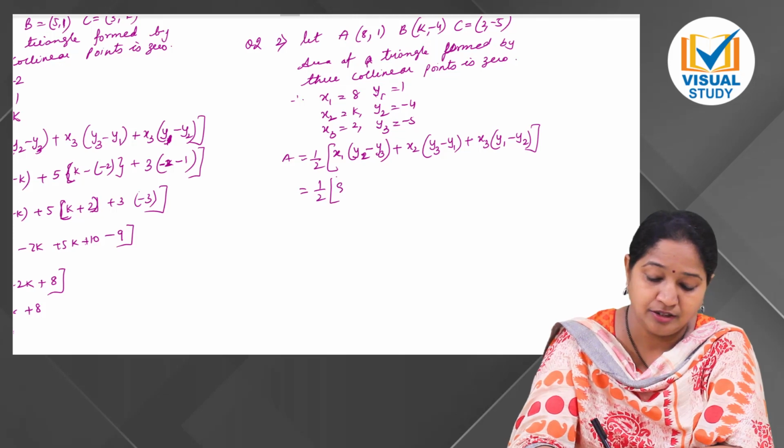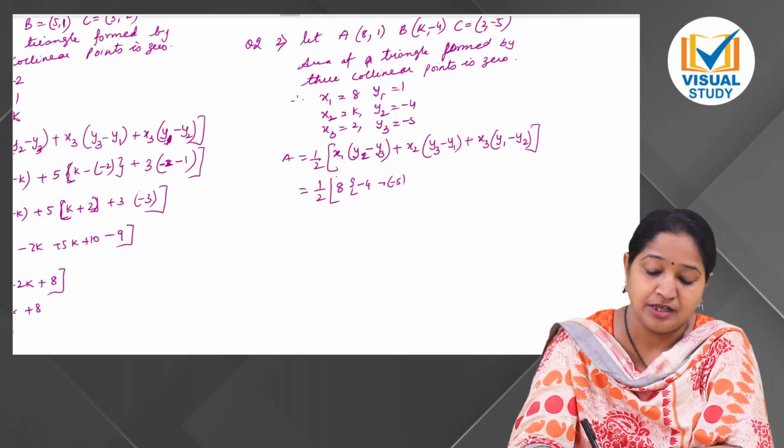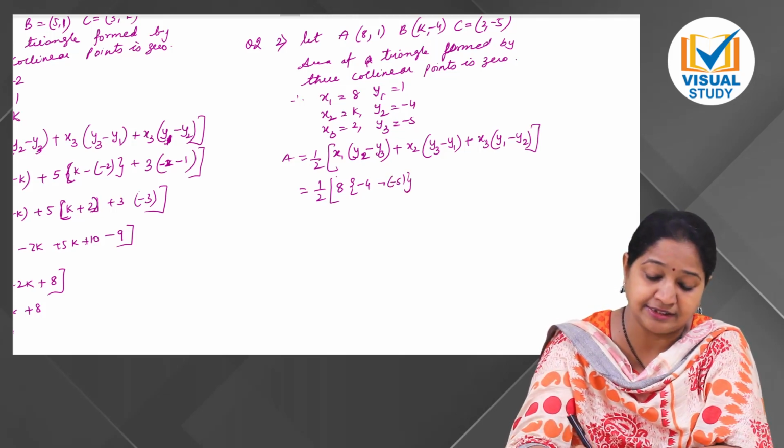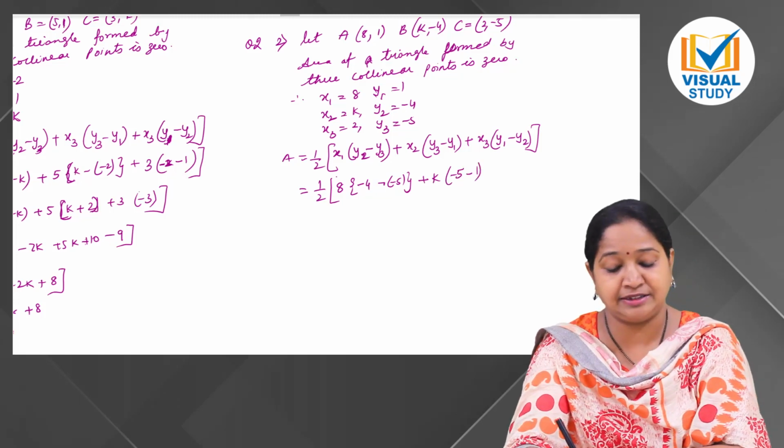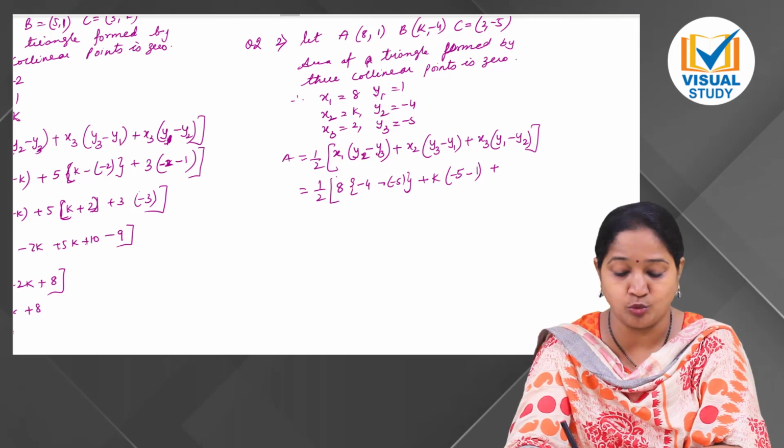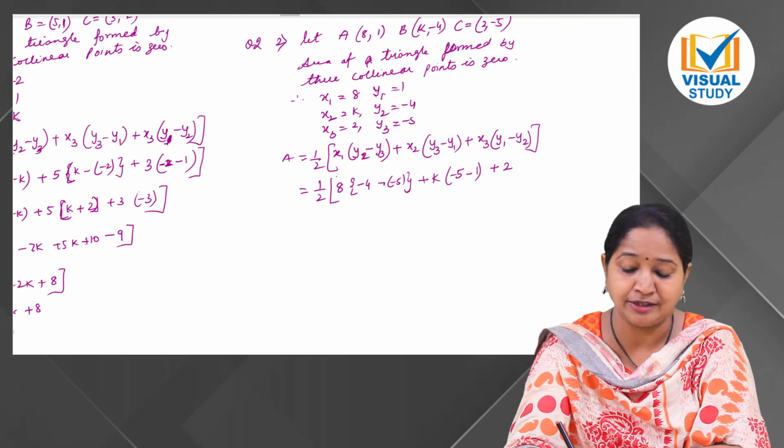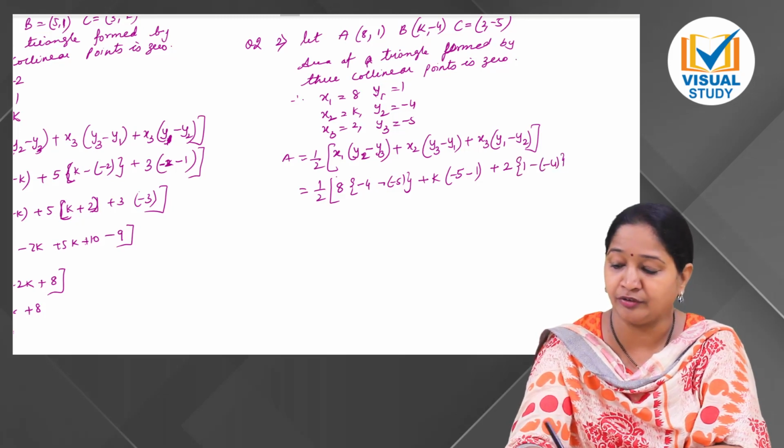Just see the signs. x2 is k, y3 is minus 5 and this is minus 1. x3 is 2, y1 is 1 and y2 is minus of minus 4. So 1 minus of minus 4, you get this.